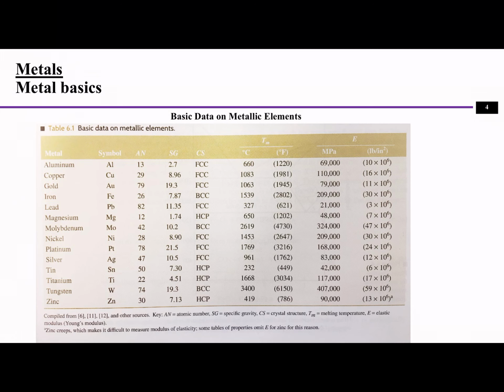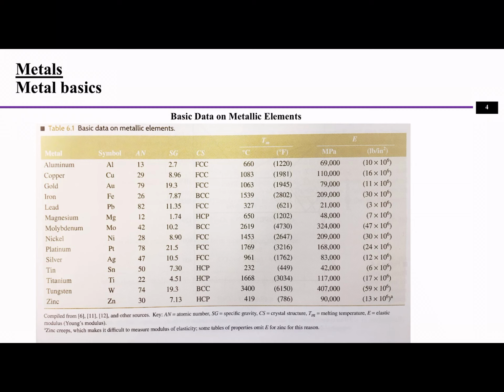So this is a table about metallic elements, all different kinds of metallic elements. You can see the gravity and also the melting temperature as well as Young's modulus.